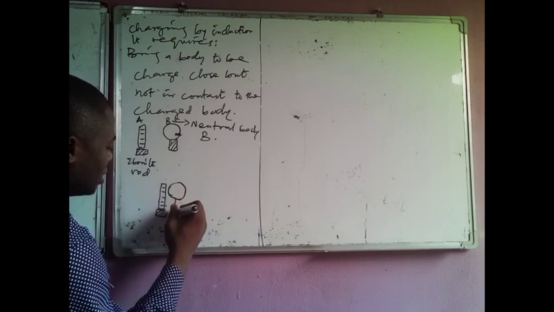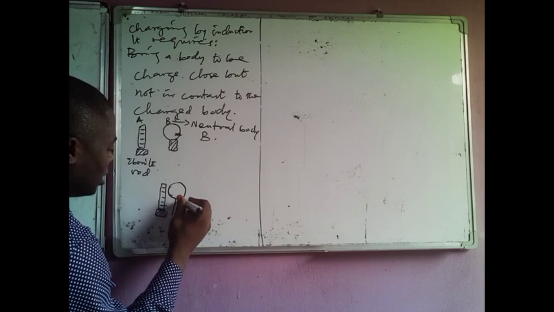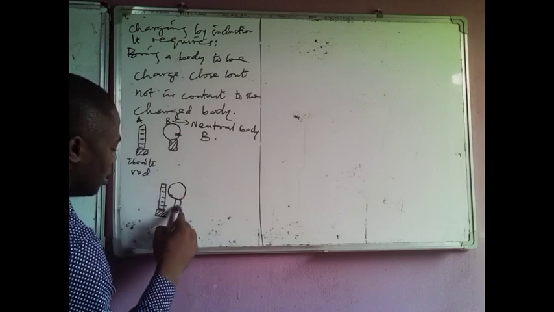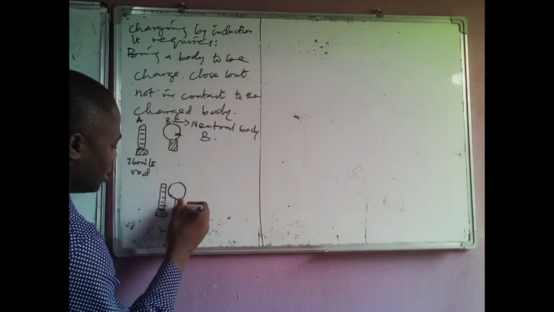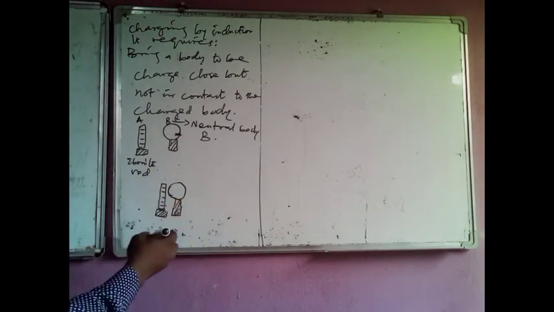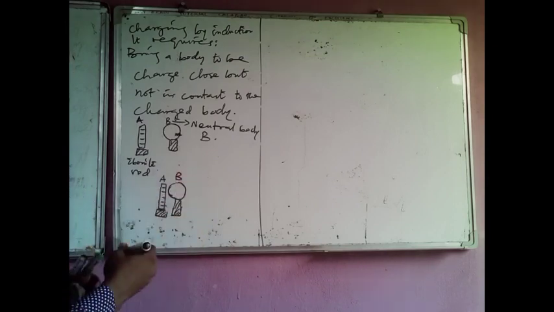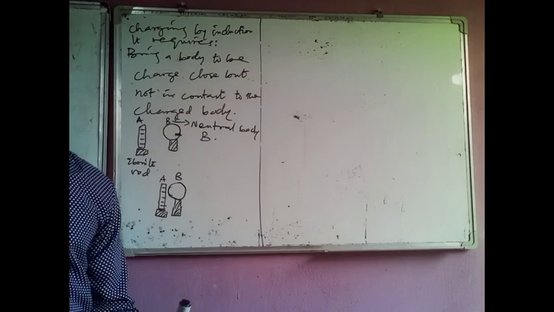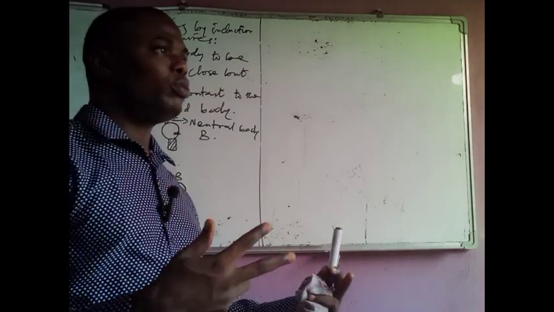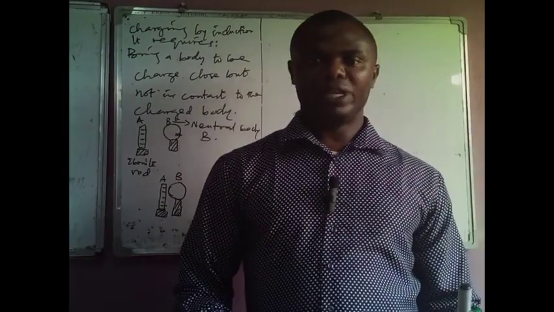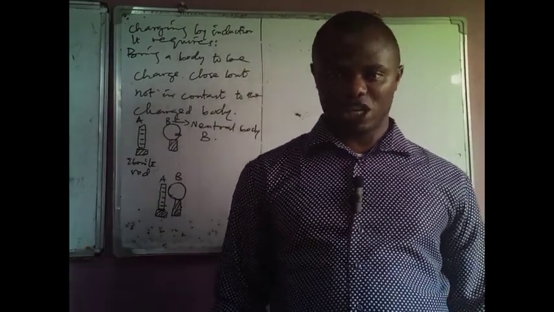This is body A, the charged body, and this is body B. Now the first thing that will take place here: a neutral body is a body that has equal amounts of both positive and negative charge, so they counterbalance each other. So with that, it is said to have no charge.